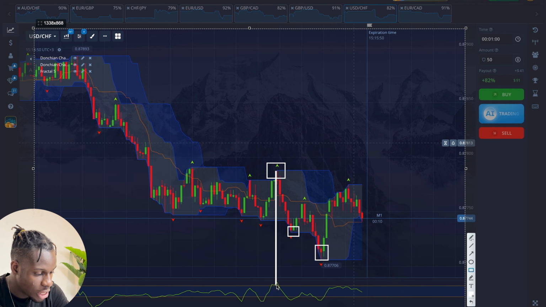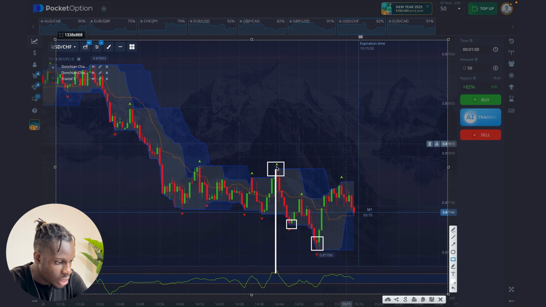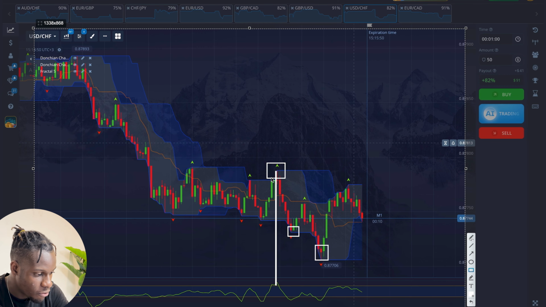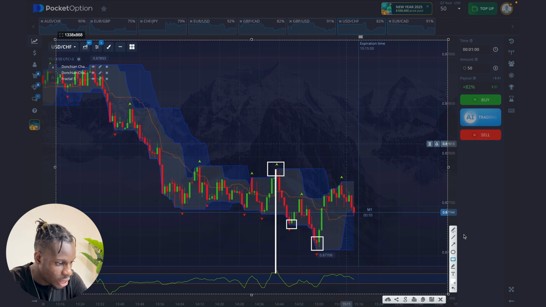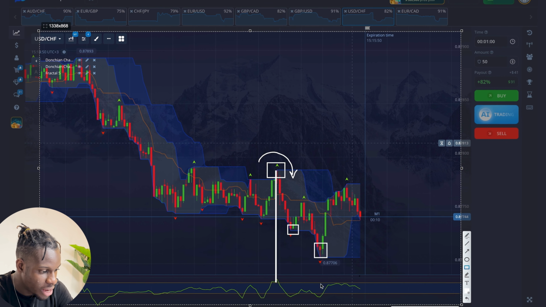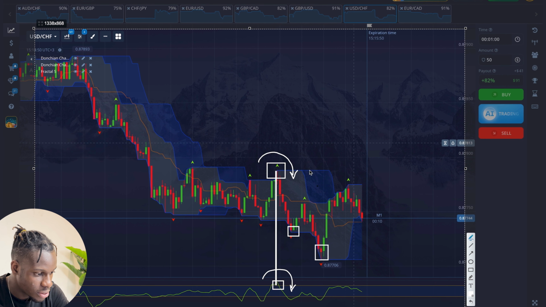In this case, we can see the upper moving lines of the channel indicator. And when it starts showing a downward movement, as you can see, there's also a confirmation on the oscillator, leaving the overbought zone. And this is telling us that the trade is most likely going to go in the right direction, guys. So we have a double confirmation from both indicators.